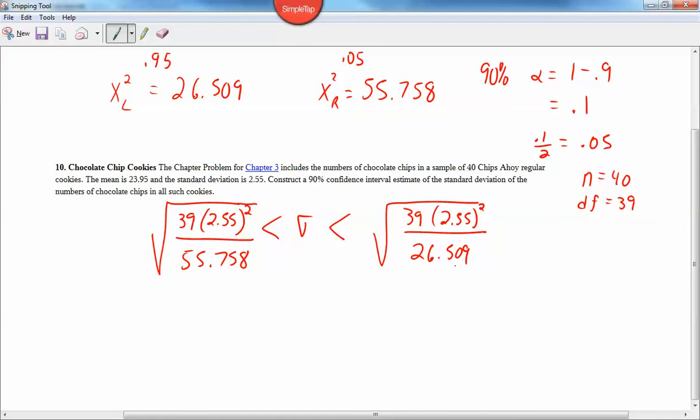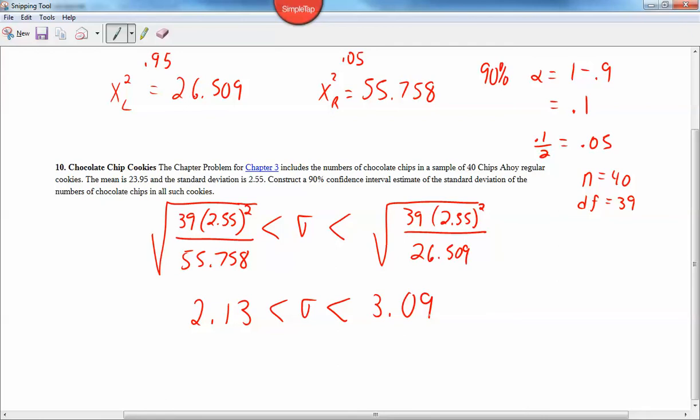All right, so let me punch those in the calculator real quick. So I got 2.13, and we're using 2 decimal places, so I'm going to use 2 places, and 3.09.